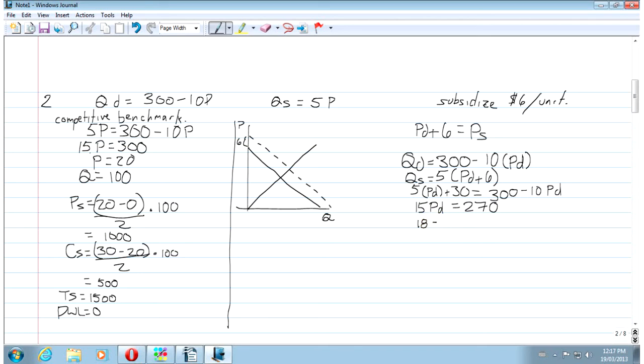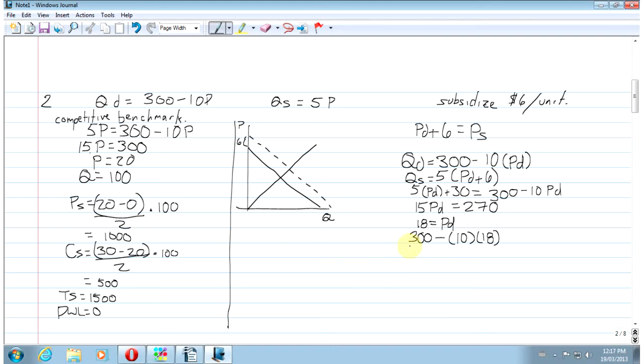Which means that market quantity, with PD at 18, is 300 minus 10 times 18, which is 300 minus 180.